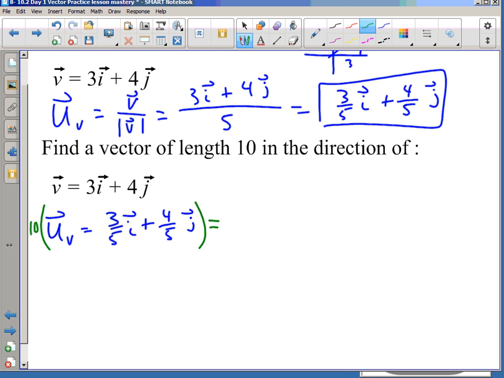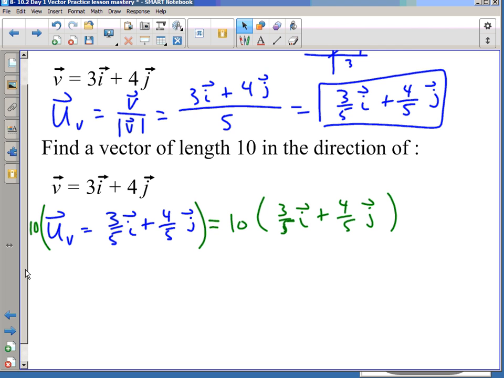So we could just distribute the 10 times 3/5 i plus 4/5 j. And doing some quick simplifying or reducing, we would get 2 times 3 is 6i plus 8j.